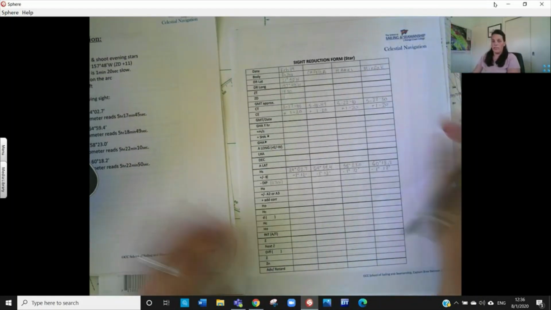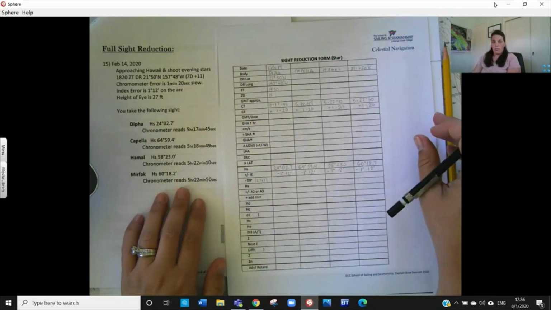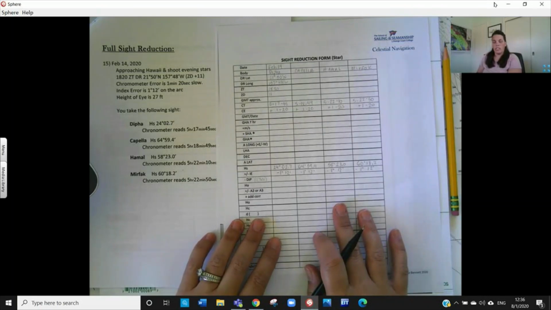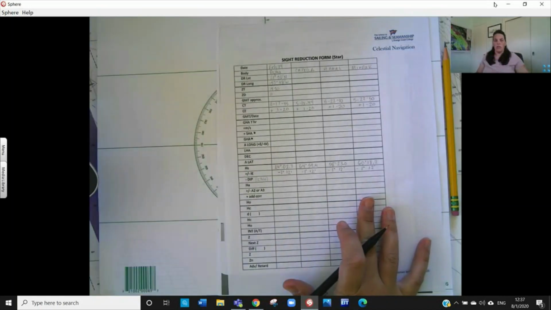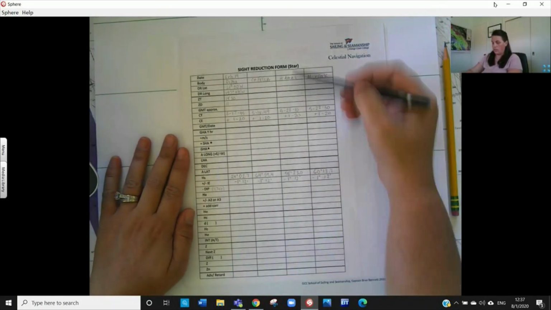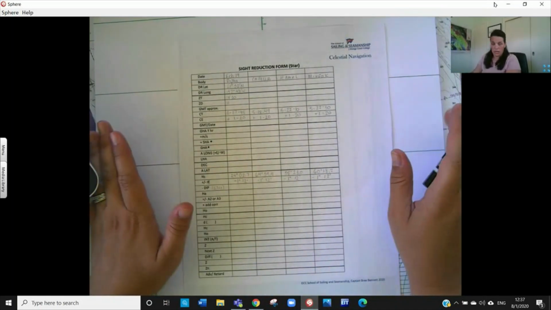Okay, so I have put the information from the problem onto my site reduction form, so I can start filling in and see where we're at. When we do a site reduction form with 4 LOPs, you can do one full one, then a second, third, and fourth. Or you can do them all step by step, and then put it on the sheet. It doesn't matter which way.